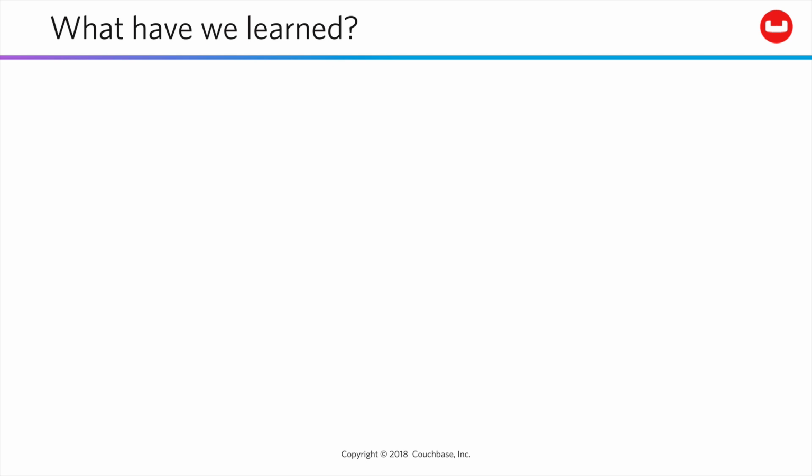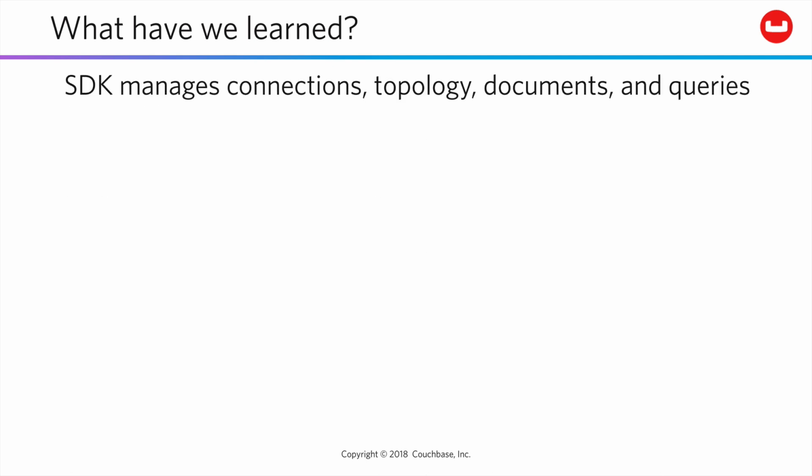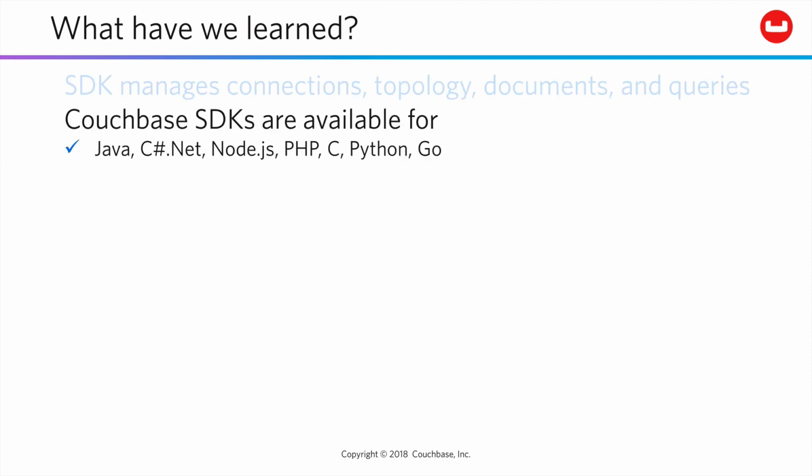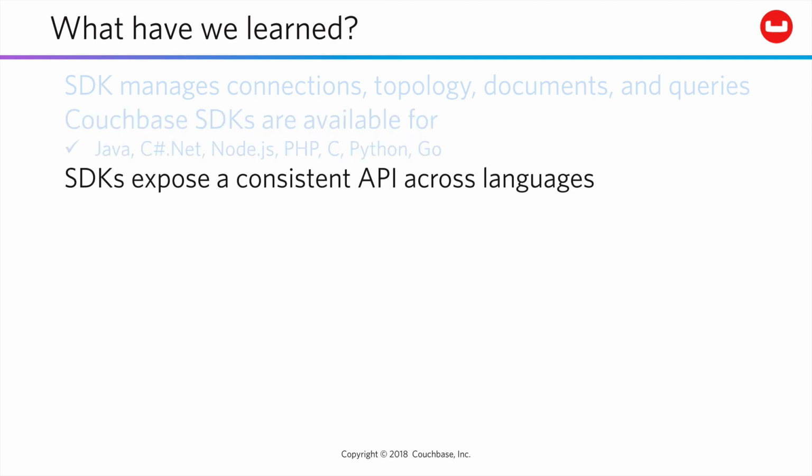So what have we learned? Well, the Couchbase SDK manages your connections, documents, operations, and queries, and is automatically aware of your cluster topology and service distribution. Couchbase supports SDKs for Java, C#/.NET, Node.js, PHP, C, Python, and Go, all of which expose a consistent API regardless of language and environment.